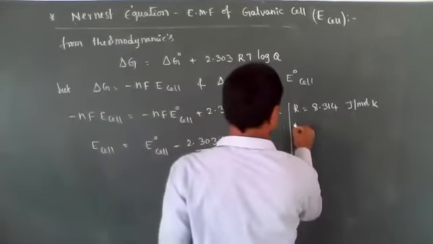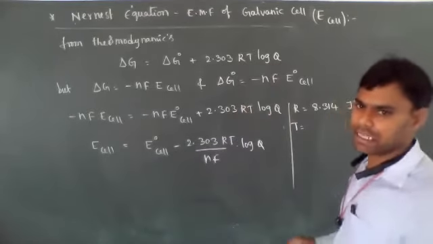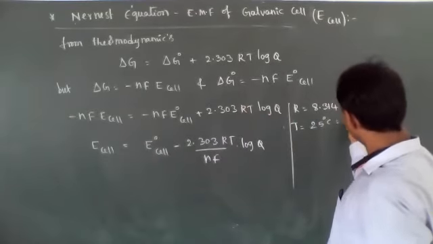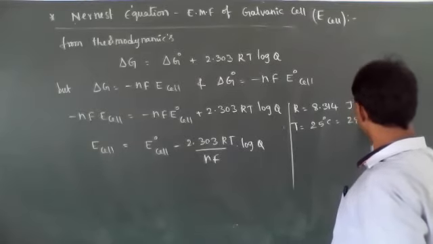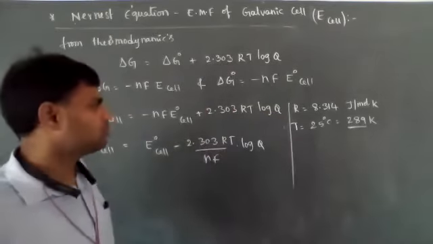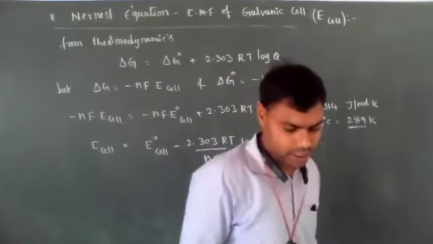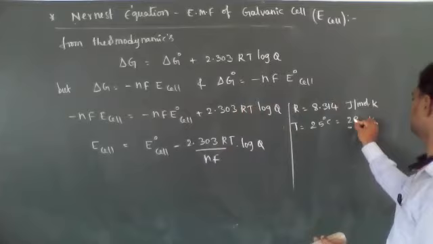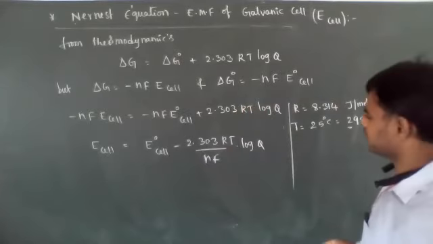T is the standard temperature on the Kelvin scale. 25 degrees centigrade is equal to 298 Kelvin. Okay? T is equal to 298, not 289, 298 Kelvin.